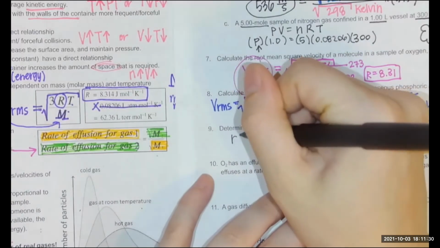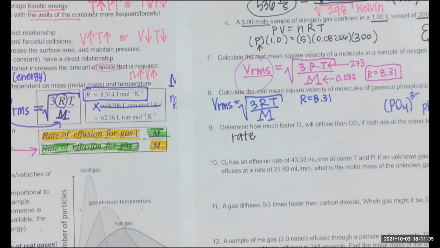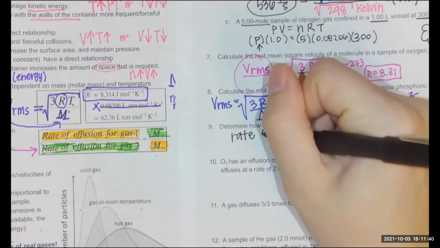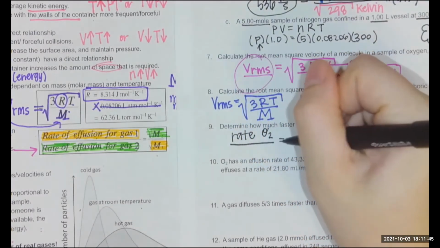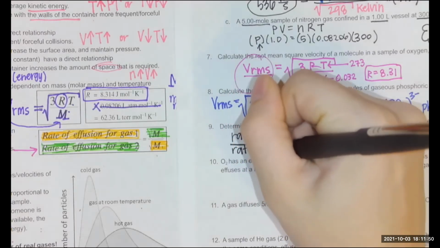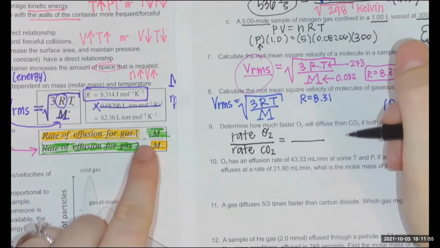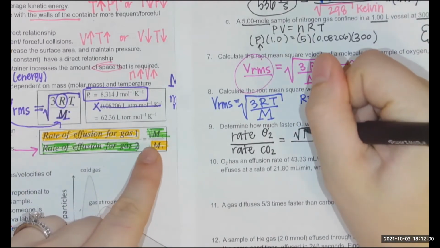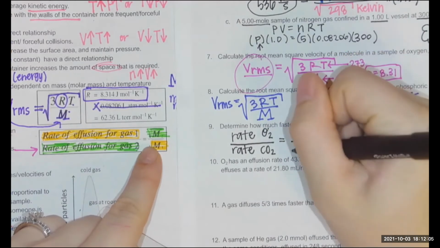I've got the rate of the first thing. Let's call the first thing the O2, the oxygen. Let's put the rate of the oxygen here. And then we'll put the rate of the CO2 on bottom. On this side, we'll have the square root of the molar mass that corresponds to CO2.